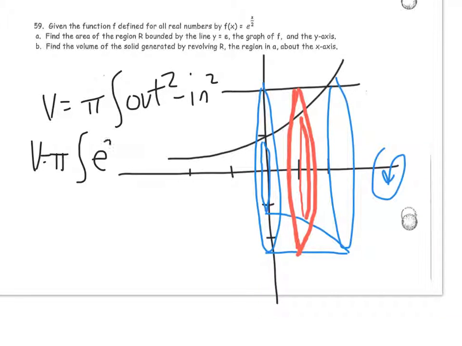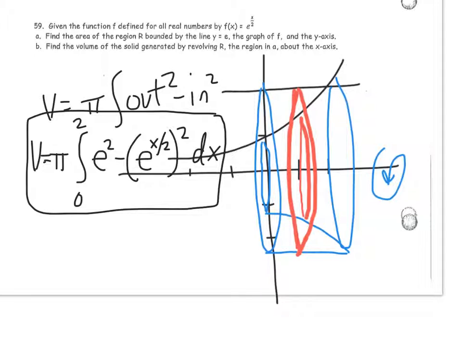So you have e squared minus inside squared, which is e to the x over 2 power, squared. And this is a dx situation. You're stacking them up from left to right from 0 to 2. So that becomes your function there. That will give you the volume. And that's the last problem.